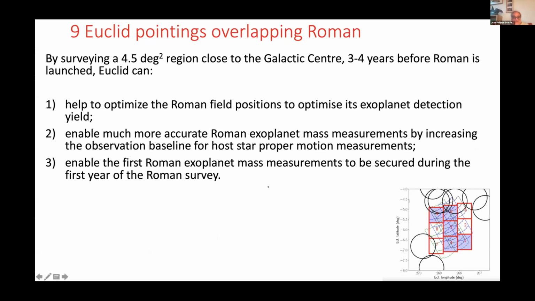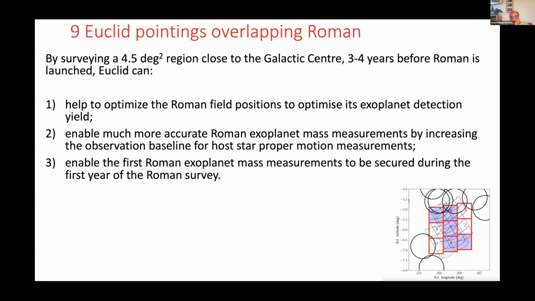There is something else that is very interesting, which I would put first on the list: if we have one epoch with Euclid slightly before the Roman microlensing survey, then it gives constraints on the relative source-lens proper motion, because a few years apart, source and lens will be slightly separated, and we can constrain the relative separation between the two, which then goes into the modeling for constraining the mass of the system.